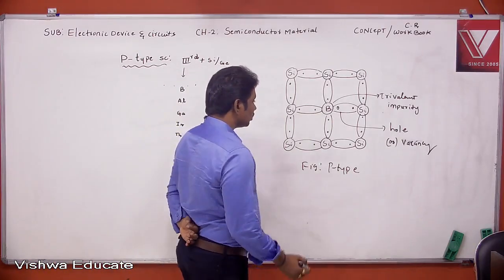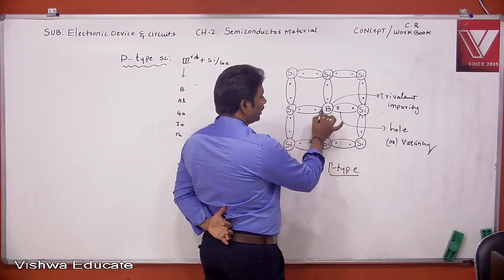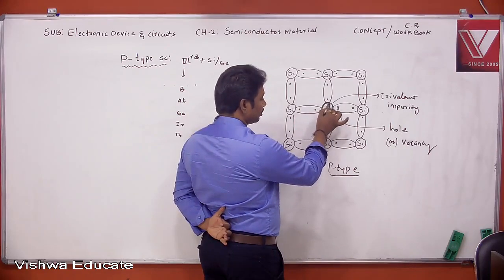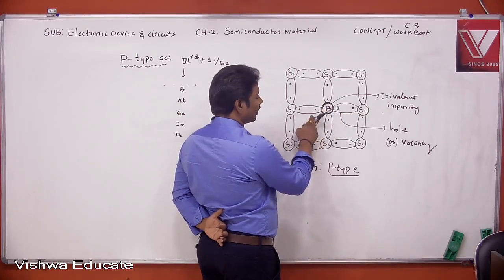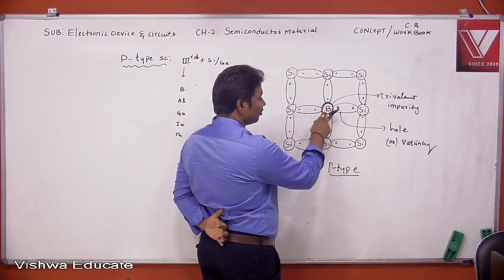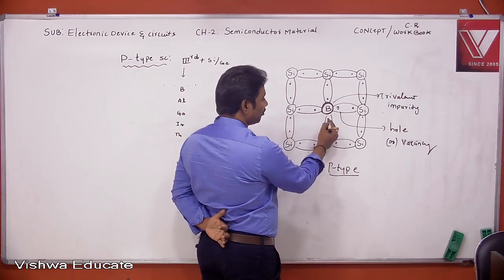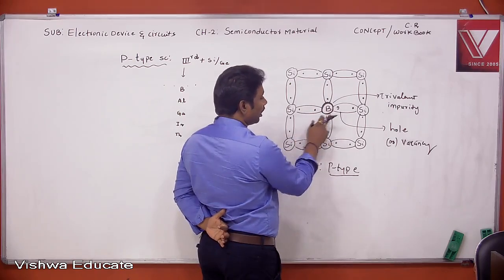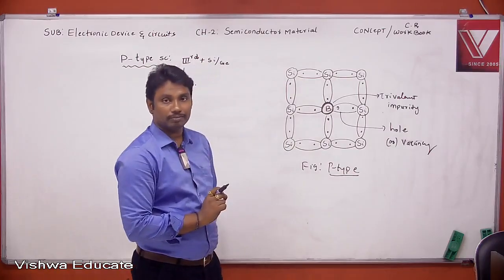Yeah. So now, see, this p-type semiconductor is formed by adding trivalent impurities. Then this trivalent impurity can replace the semiconductor atom, due to which 3 valence electrons are involving in covalent bond formation, and the fourth one does not involve any covalent bond formation. Right?